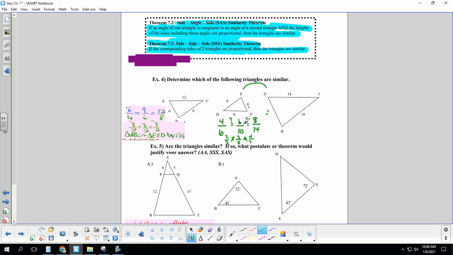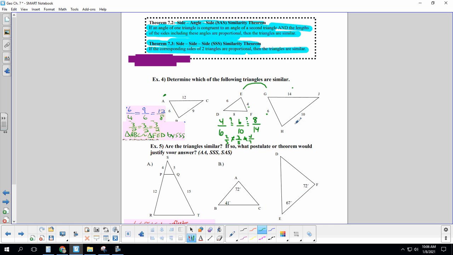And we can compare, just out of funness, let's compare our first triangle ABC to HGJ.